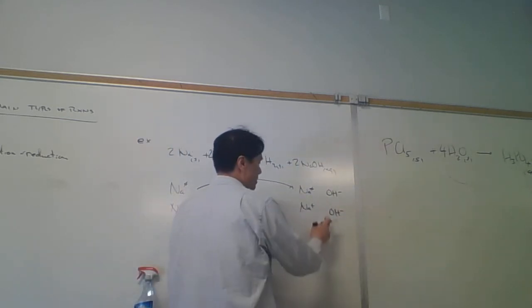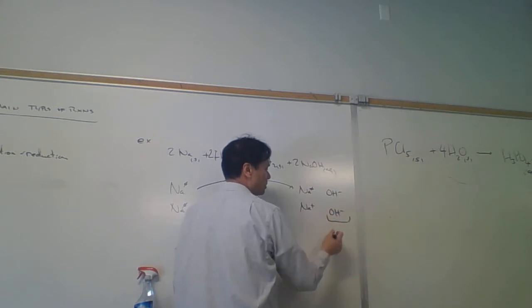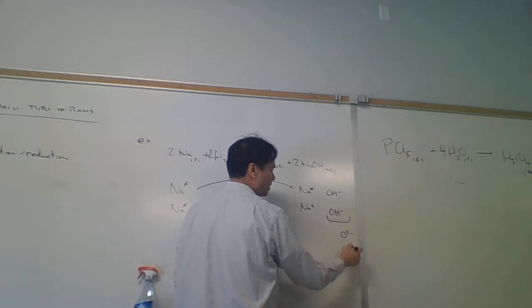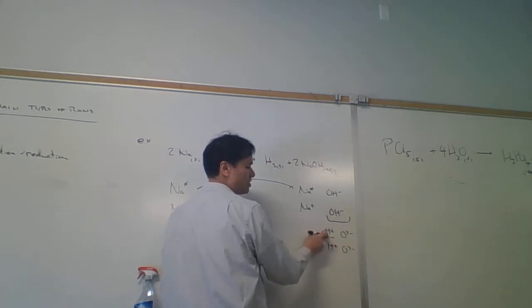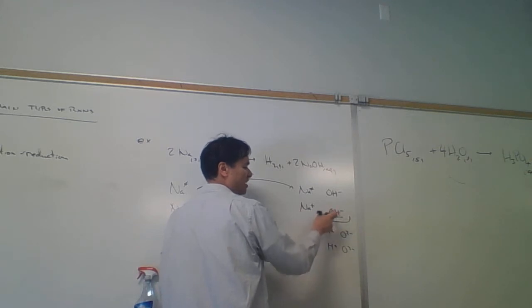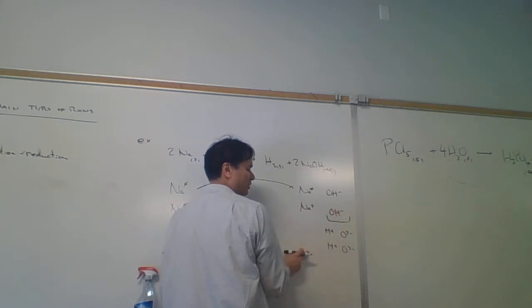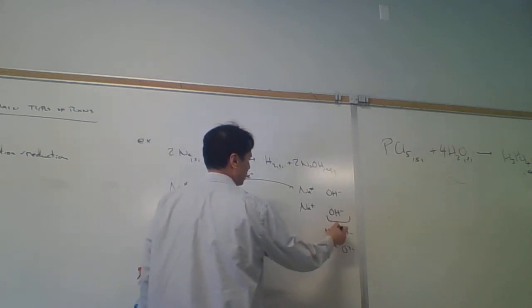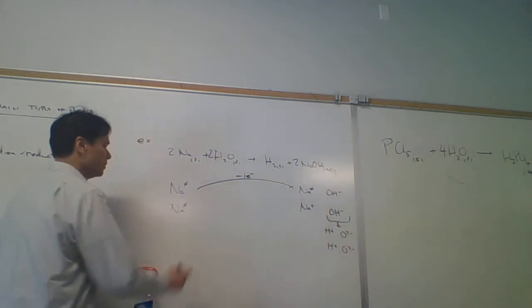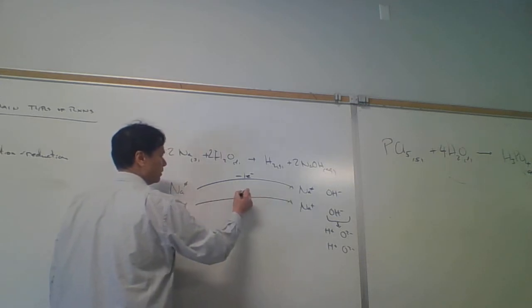If I analyze hydroxide, I pretend that hydroxide consists of ions. I'll have oxide ions and hydrogen ions. If I take a hydrogen ion and an oxide ion, I'll make the hydroxide ion like that. So sodium ends up losing electrons here.